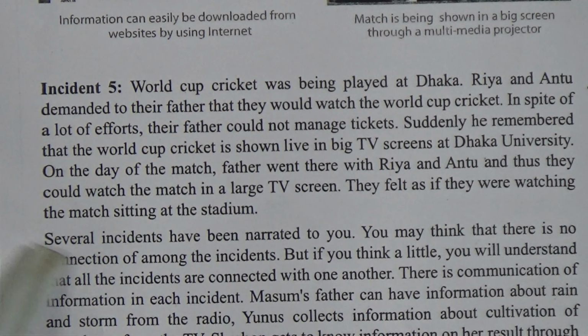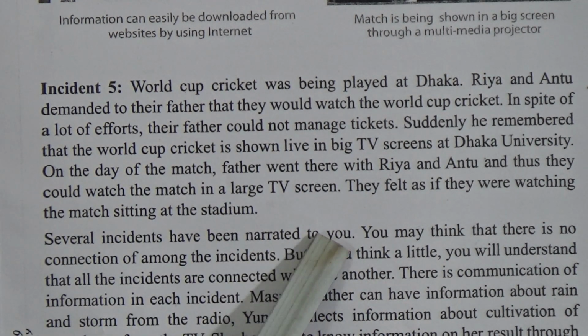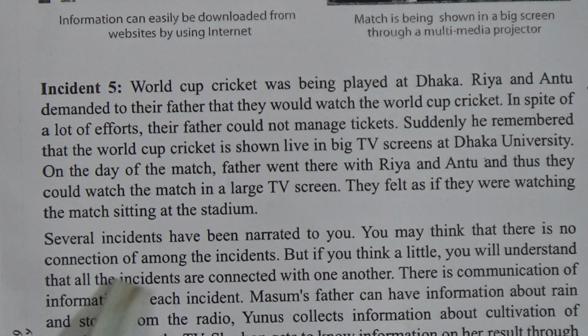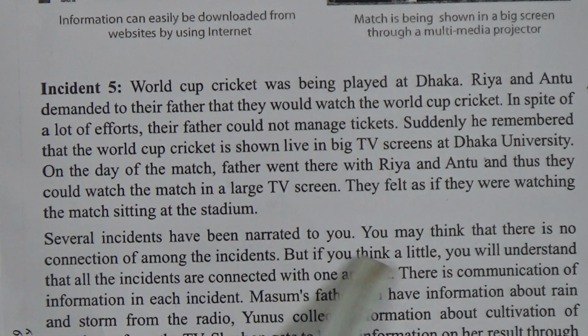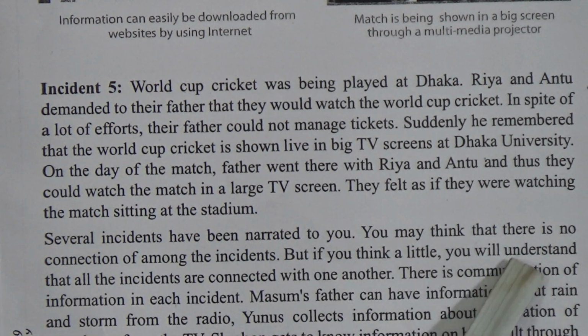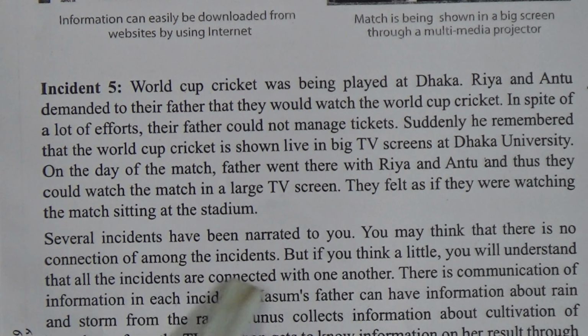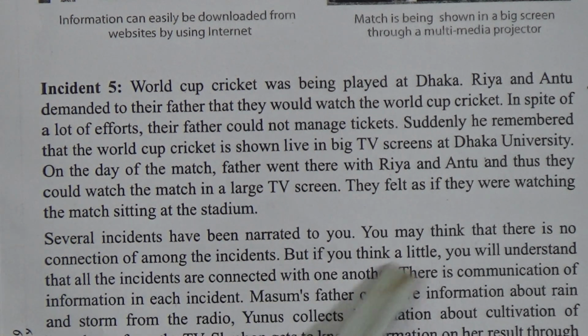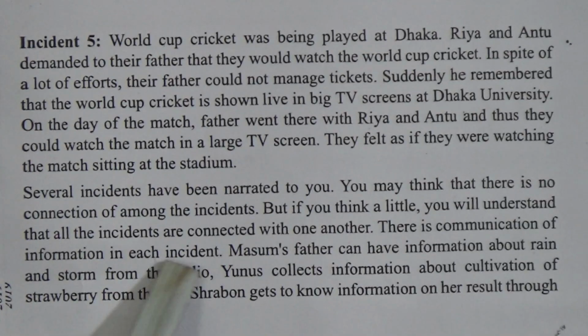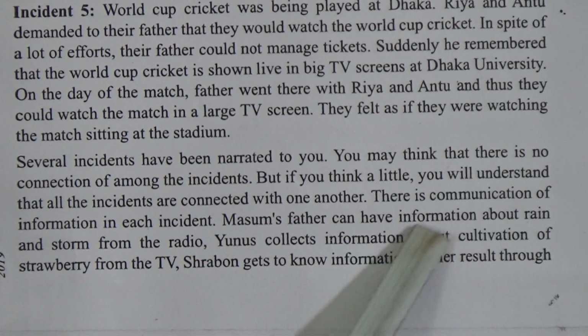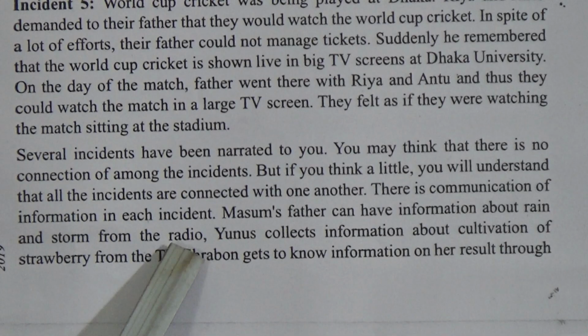Though several incidents have been narrated to you, you may think that there is no connection among the incidents, but if you think a little, you will understand that all the incidents are connected with one another. There is communication of information in each incident. Masum's father gets information about rain and storm from the radio.